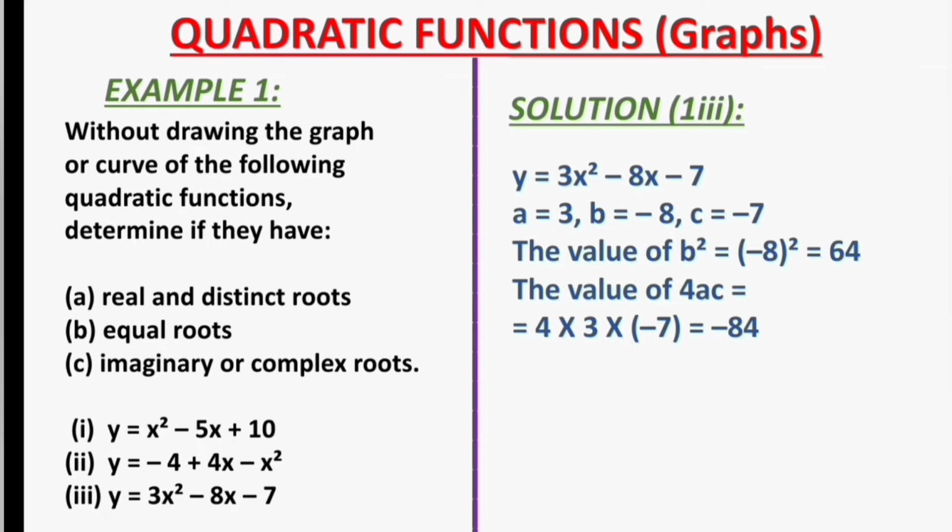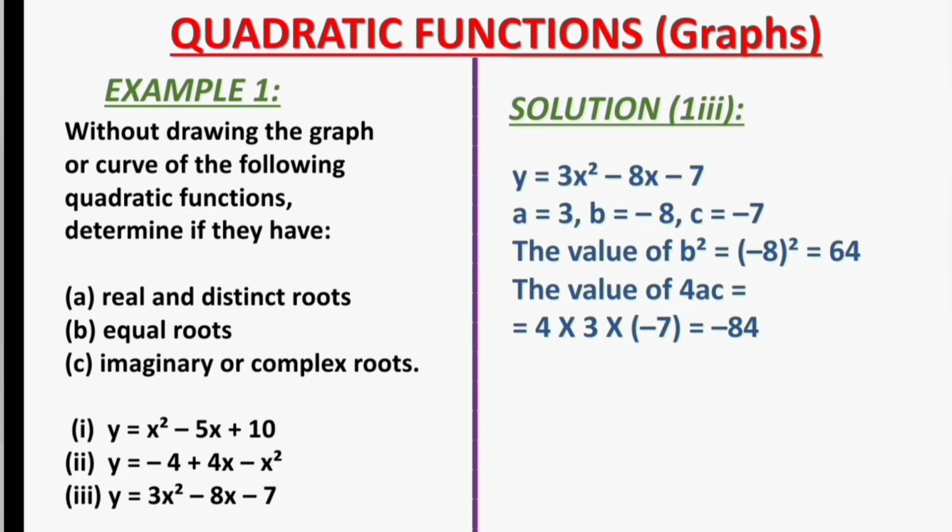In the third quadratic function, y is equal to 3x squared minus 8x minus 7. Here a is equal to 3, b is equal to minus 8, c is equal to minus 7. Taking note of the value of b squared, we have minus 8 squared, which is 64. Also taking note of the value of 4ac, we have 4 times 3 times minus 7, which is minus 84.